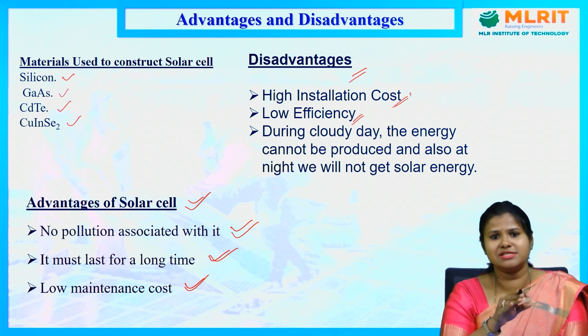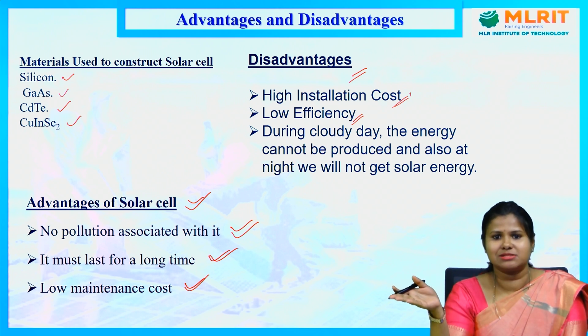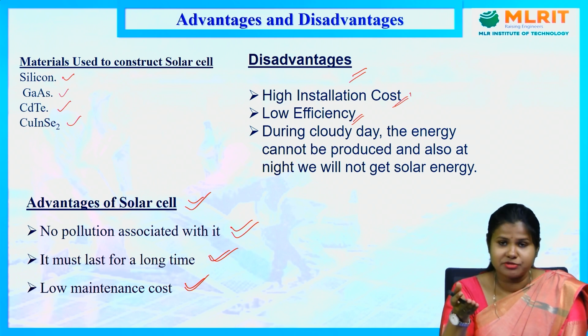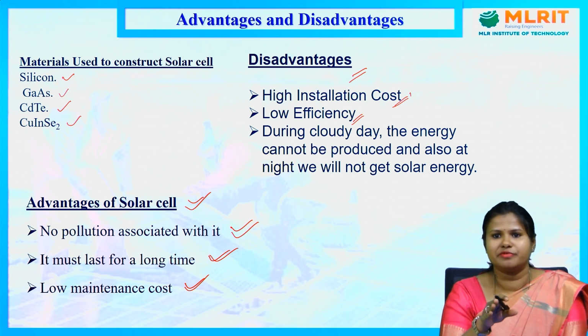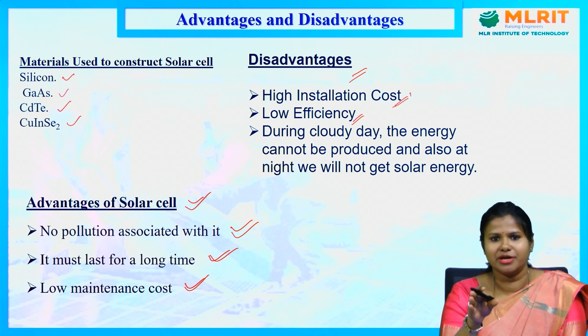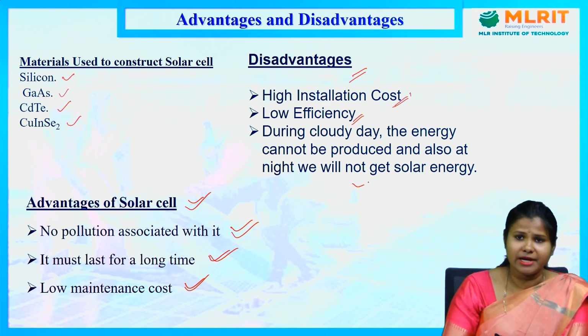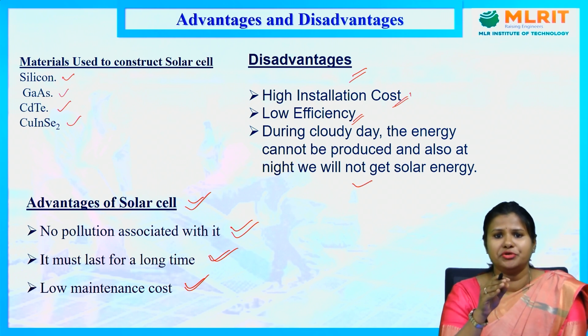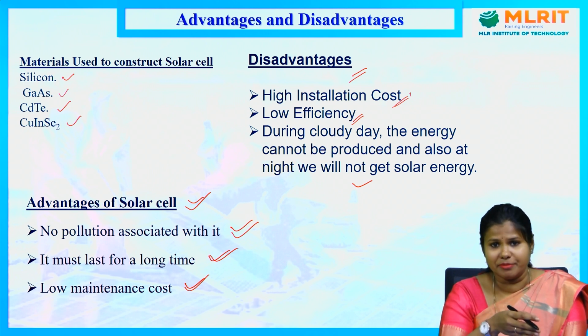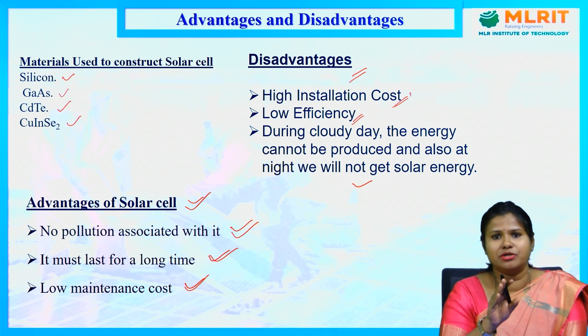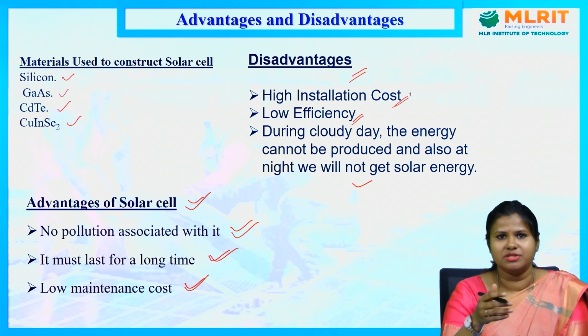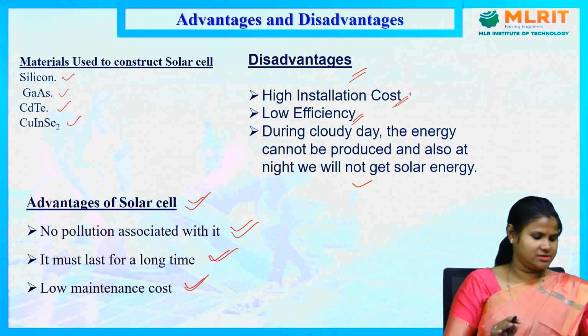As the efficiency of this solar cell is very low, we are installing large solar panels in order to produce electricity which can be used for our household use or anywhere else. And another disadvantage is that during cloudy days and night time, as enough sunlight is not available, we can't produce enough electricity at that time. These are the disadvantages of solar cell.